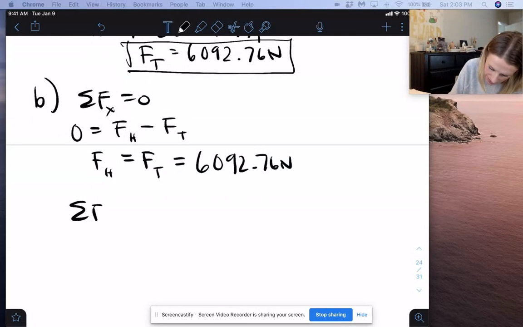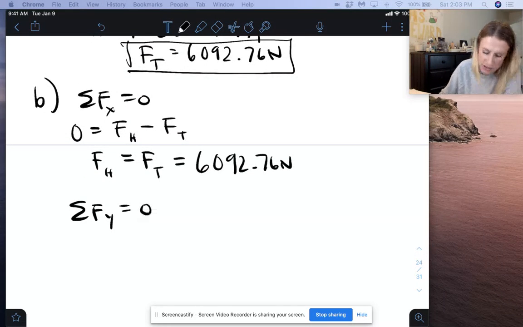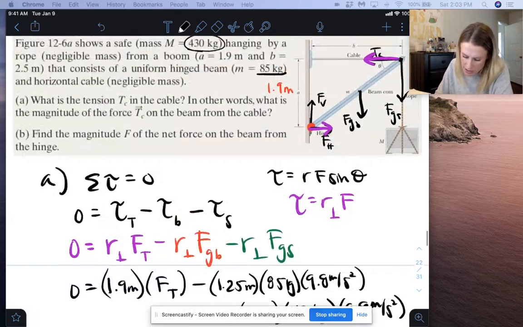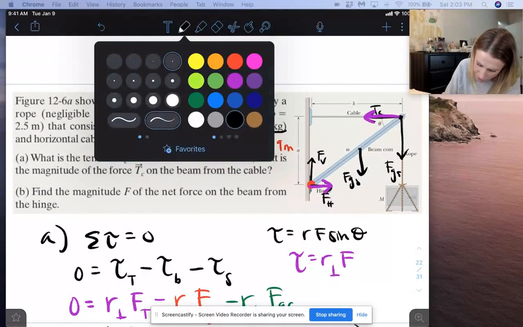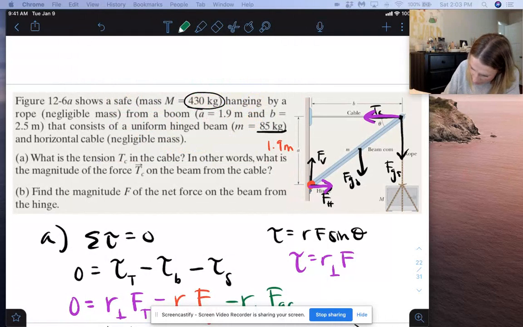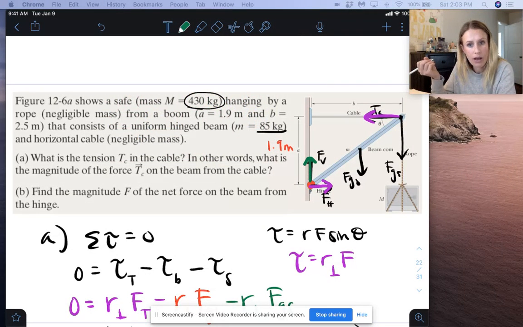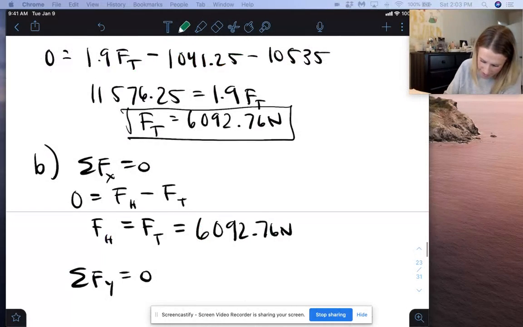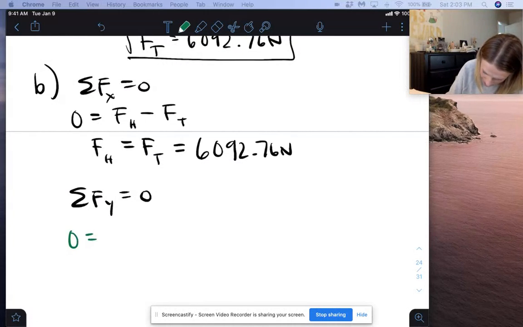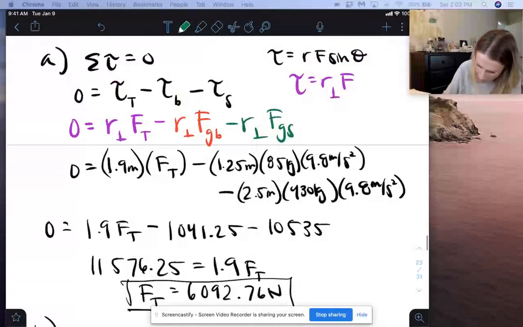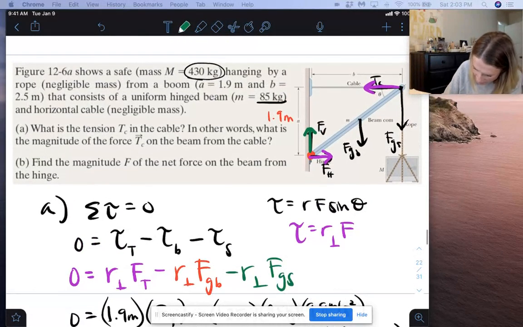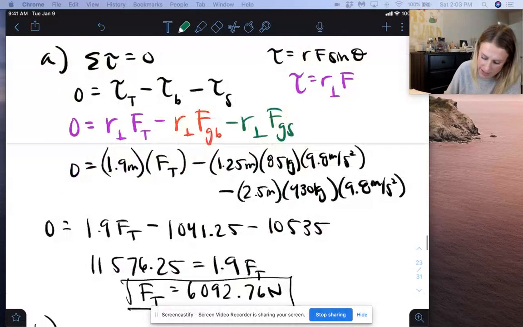And then net force in the y direction, or the vertical direction, is also equal to 0. So looking at the vertical forces, let's do this in green. I have the vertical force from the wall up right there, so that's going to be my positive force. So I have F vertical. 0 equals F vertical, and then minus the force of gravity on the beam, minus the force of gravity on the safe.